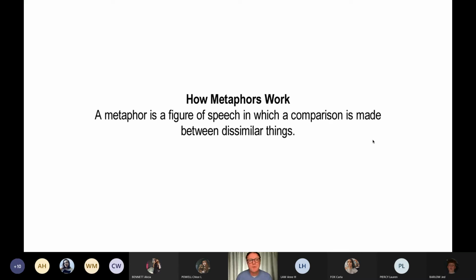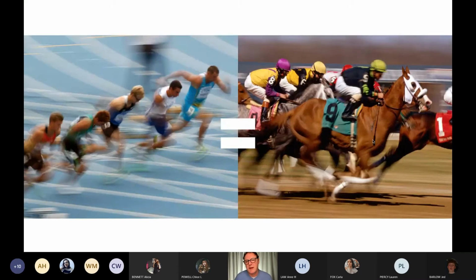So how do metaphors work, right? A metaphor is a figure of speech in which a comparison is made between dissimilar things. Okay, that's the core principle of a metaphor, whether it's a narrative metaphor or a visual metaphor. In its visual form, you've heard the term horsepower, which implies the amount of energy and power produced by that force.